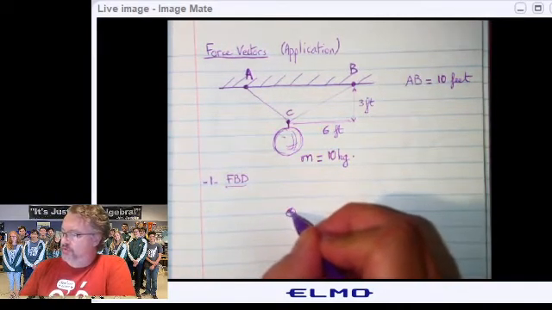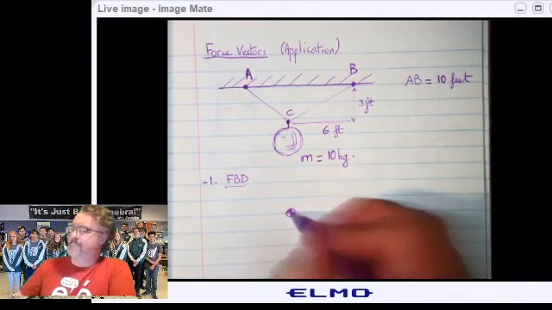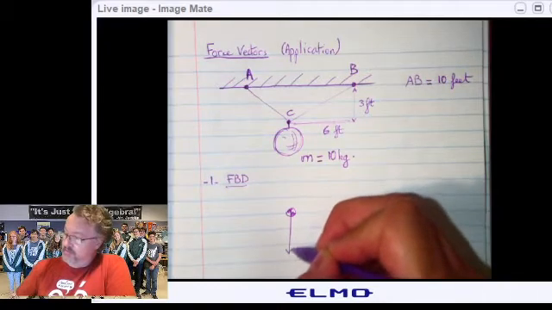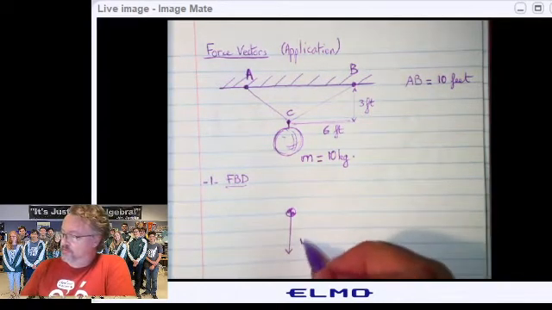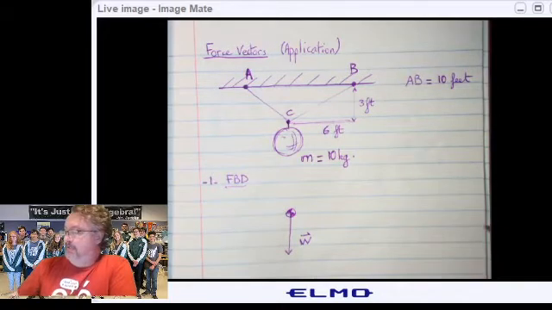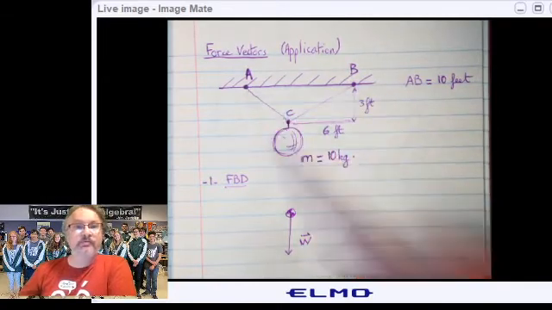I'm going to draw my little centroid right here. We're going to have the weight of the disco ball, and it's not falling down because it's held in place by those two cables.